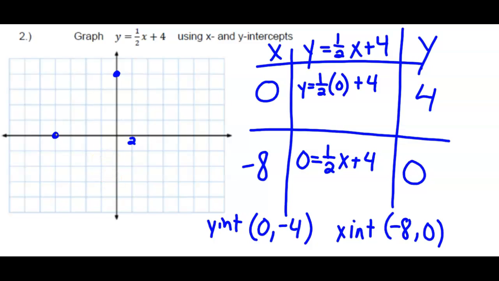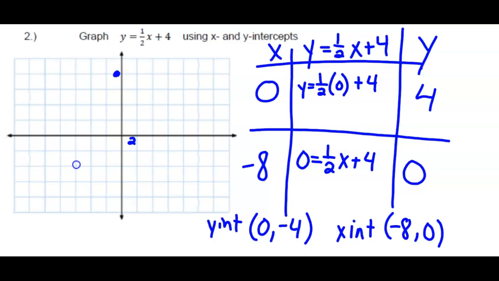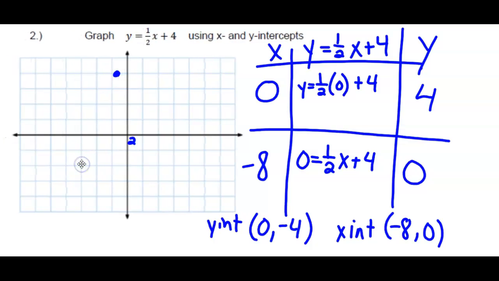That's okay, as long as you indicate what it is. Or maybe we could move this over a little bit and add a point on the end. I think that's what we'll do.